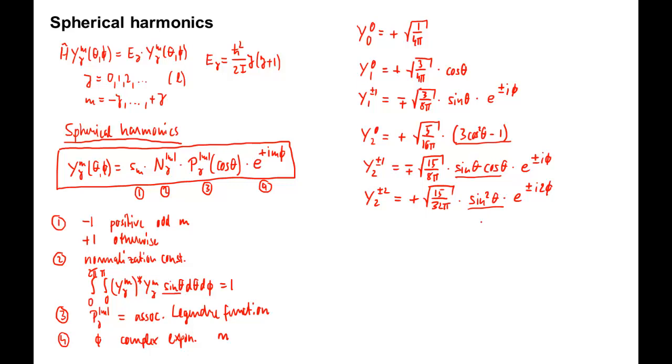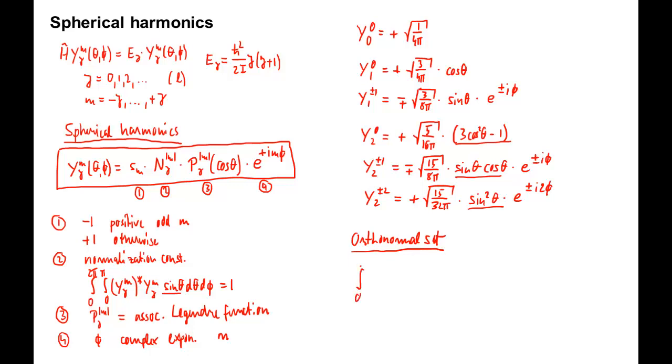Last, let's look at orthogonality. Spherical harmonics form an orthonormal set over the sphere. This means every function is normalized by itself, and each pair of functions is orthogonal. Mathematically, we can write both these properties in one go.